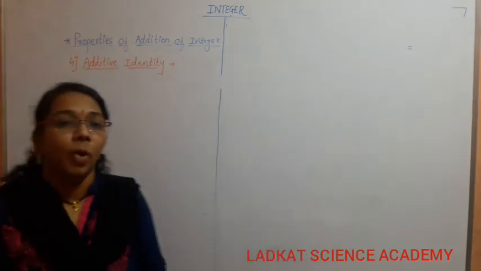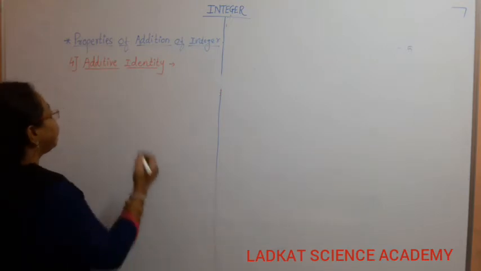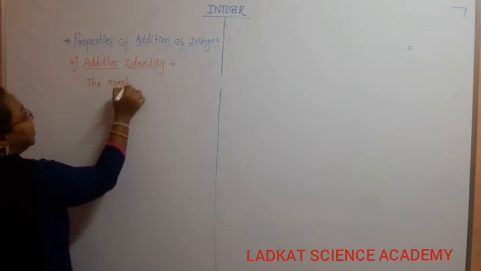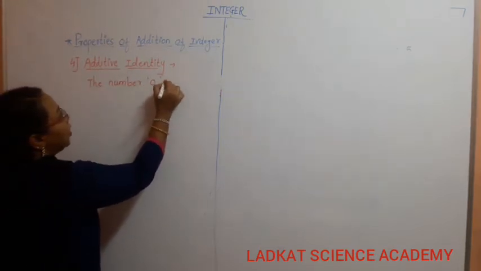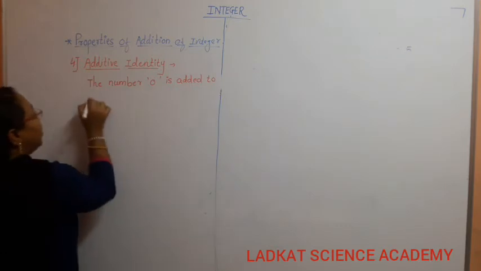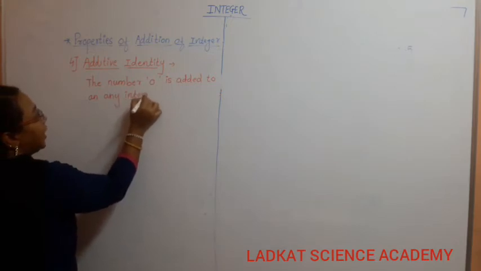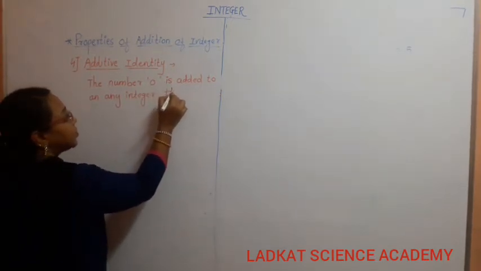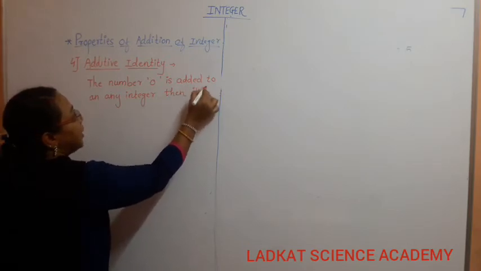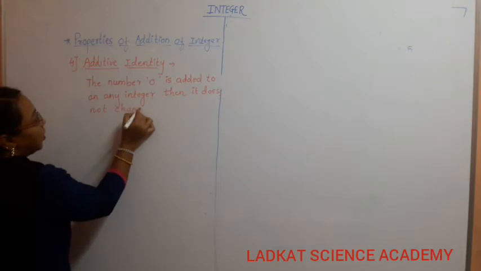After that we will see the fourth property, that is the additive identity property. In that, first we will see the statement: if the number 0 is added to any integer, then it does not change the value of the integer.